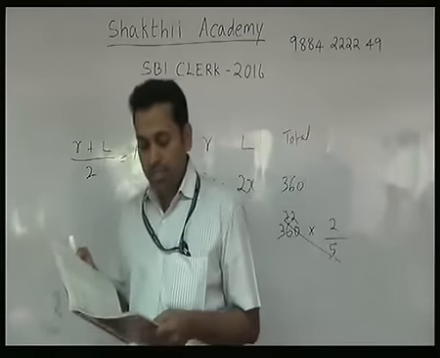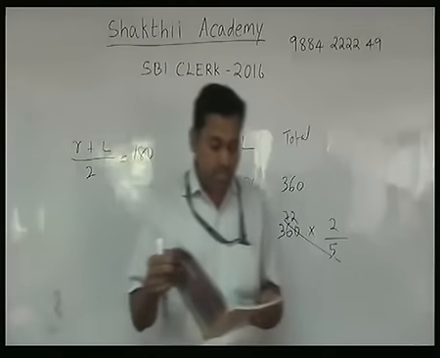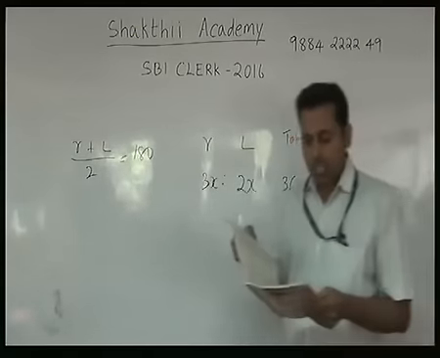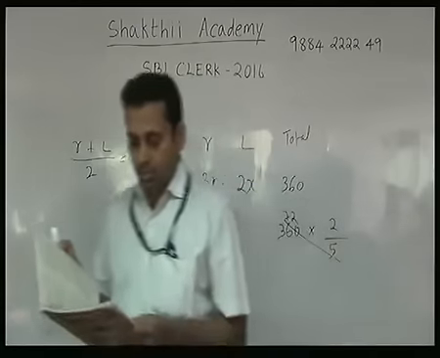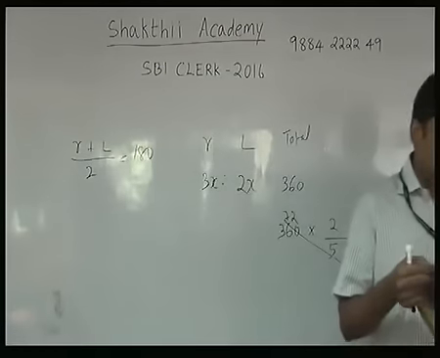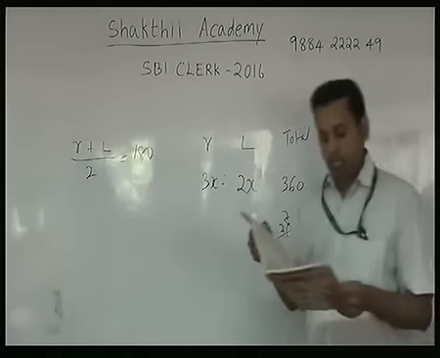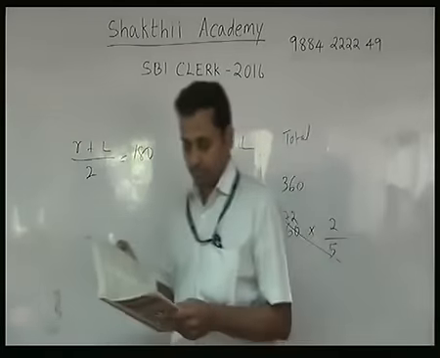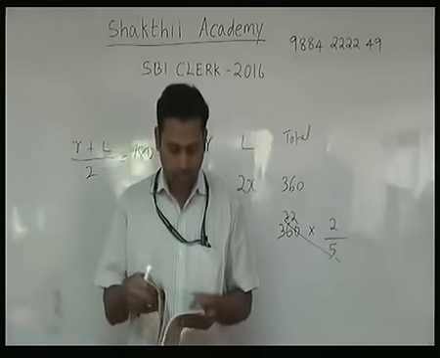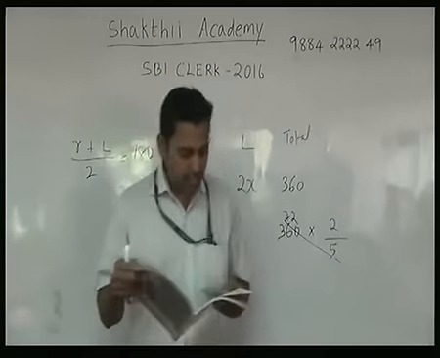Then what was the ratio of the number of students in Institute A to that in B in 2013? Options: 25:56, 24:55, 24:53, 25:53, and the final option 25:54. So try to tell me the answer.